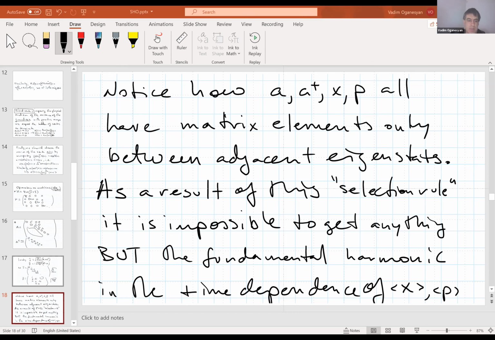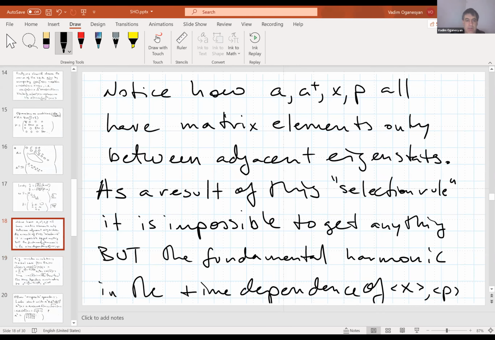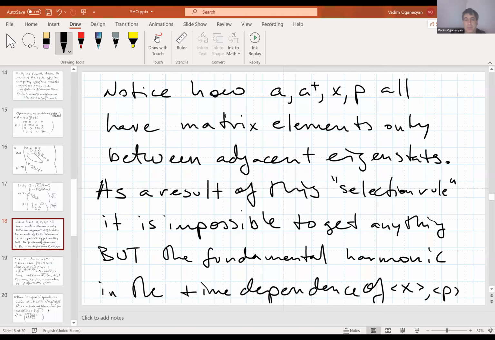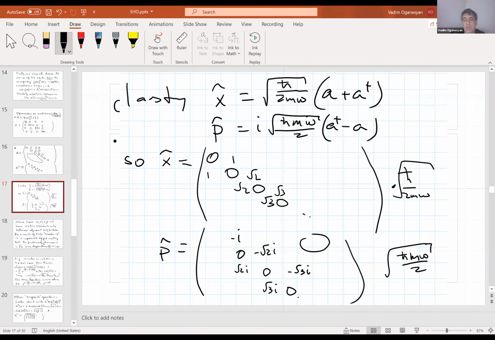All right, let me barrel through the rest of this because this is very standard stuff. Well, this actually relates to problem 3 on homework 6, which some of you are still working on, so let me go through this for that reason, if nothing else. You should notice that these matrices are mostly empty.